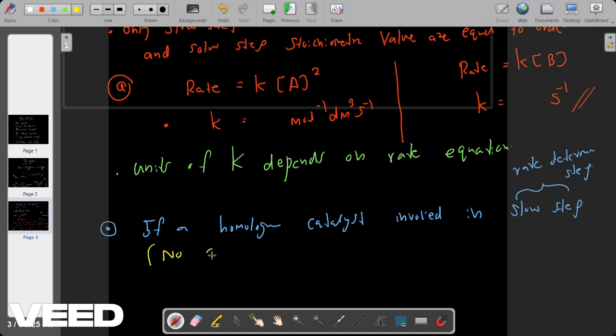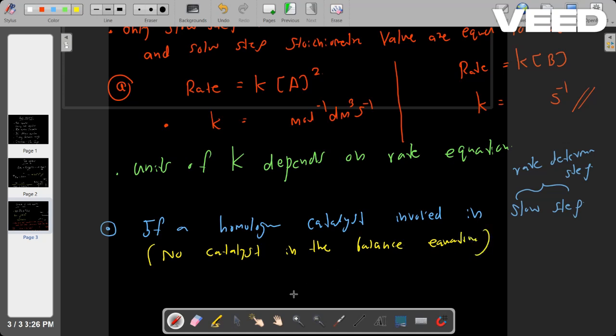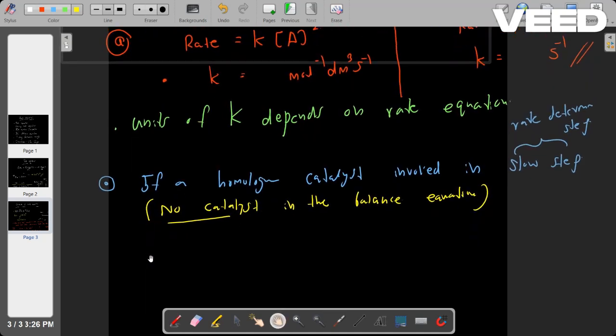No, the catalyst is not in the balanced equation, but it appears in the rate equation.